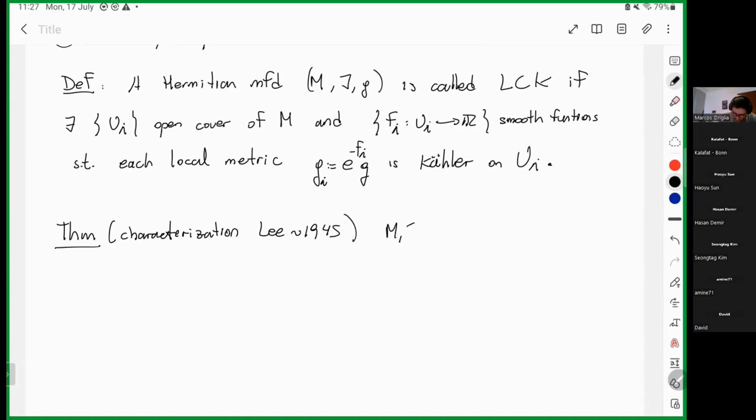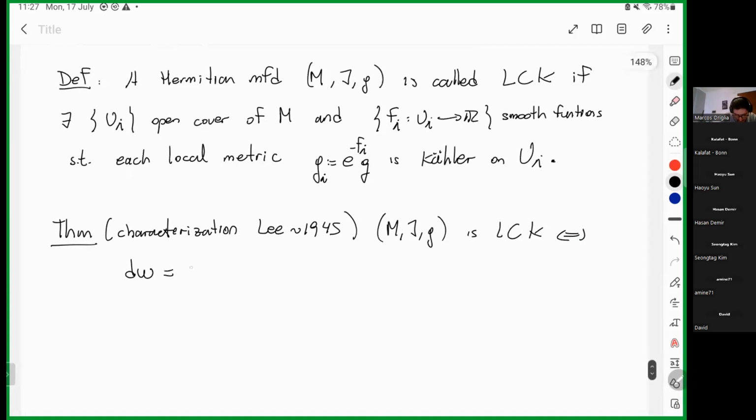And it says that M, J, G is locally conformally Kähler. So a Hermitian structure is locally conformally Kähler if and only if the fundamental form is probably not closed, but has to satisfy this condition: d omega equals theta wedge omega, for some closed one form theta.